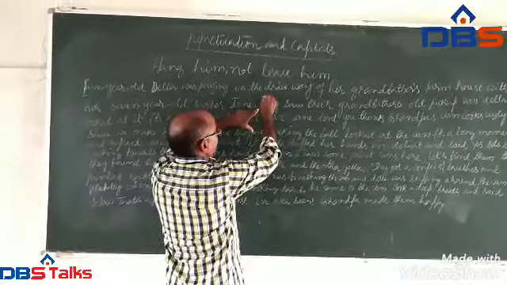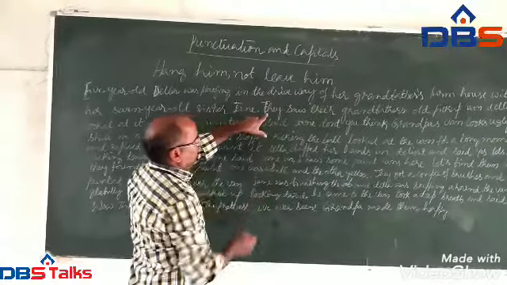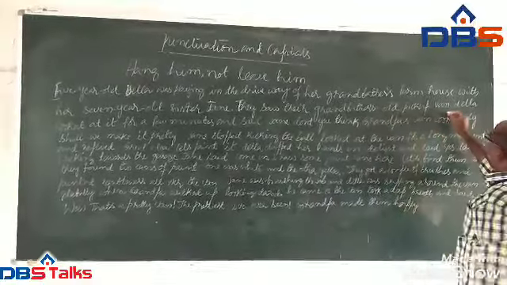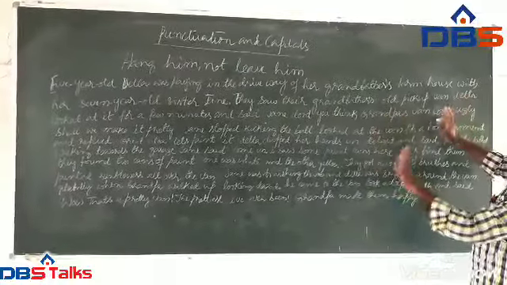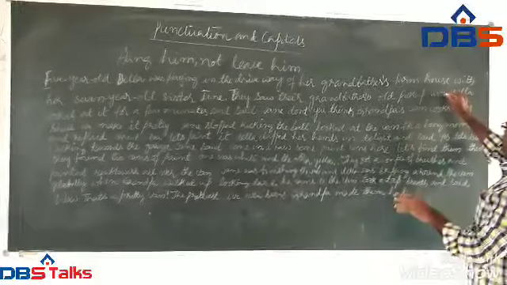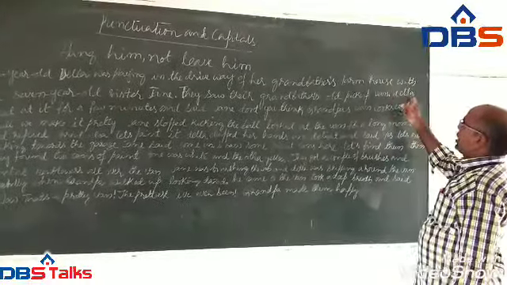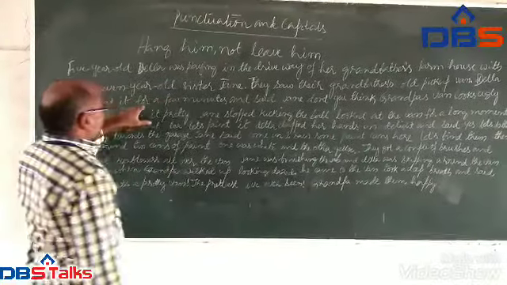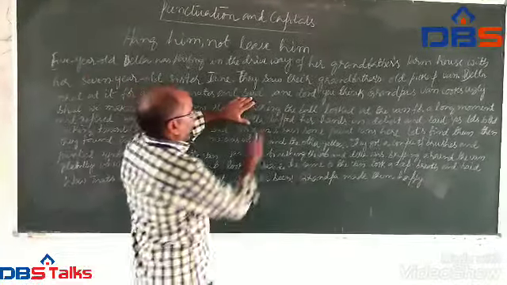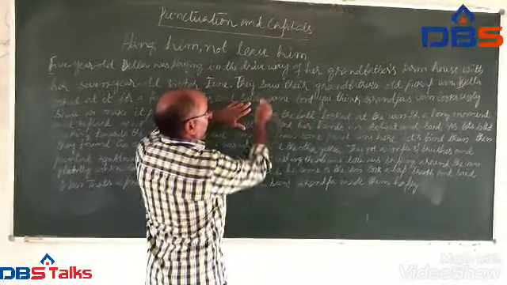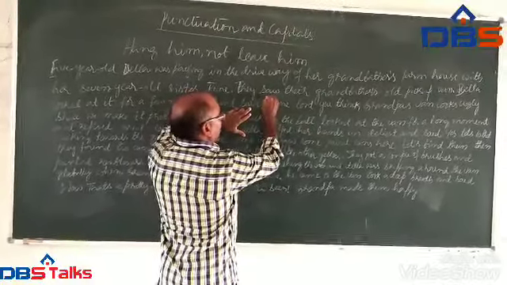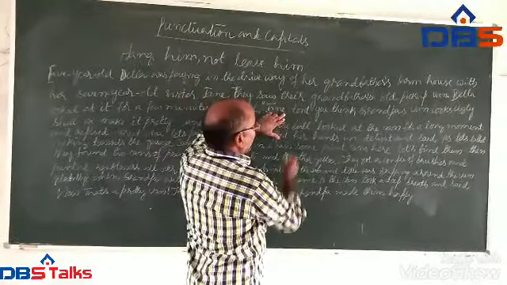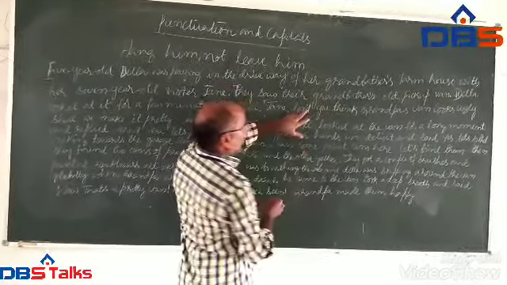So, the capital letter. They saw their grandfather's, again apostrophe, old pickup van. Full stop. Here we have to pause completely. Now, sentence begins. Della, D capital, Della looked at it for a few minutes and said, comma, double inverted commas begin, Jane, comma, don't, apostrophe.